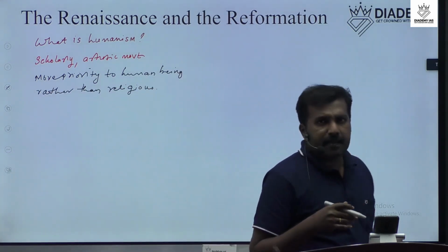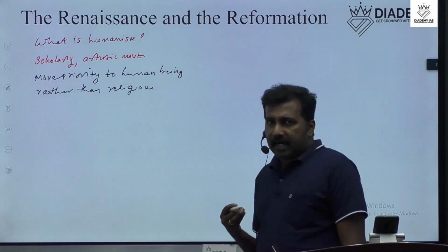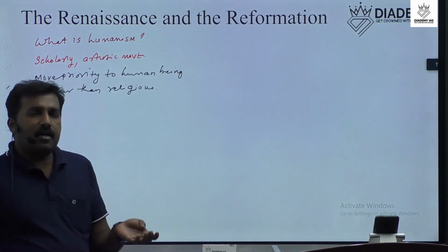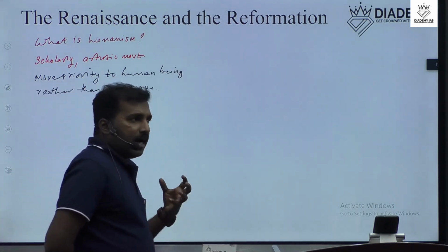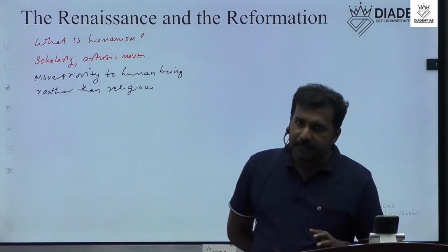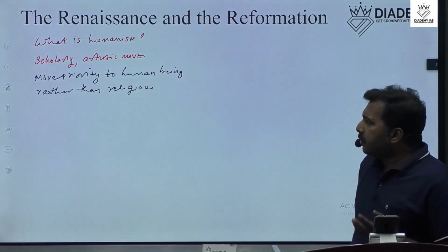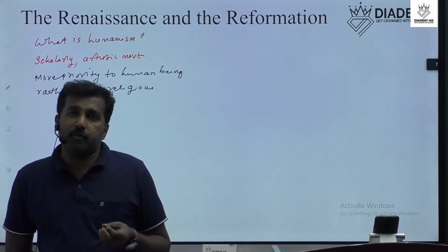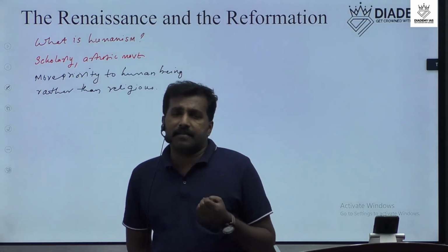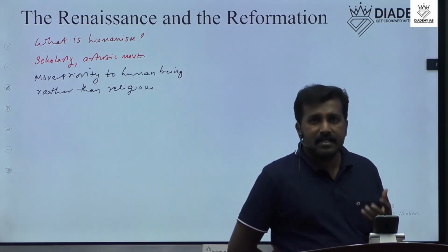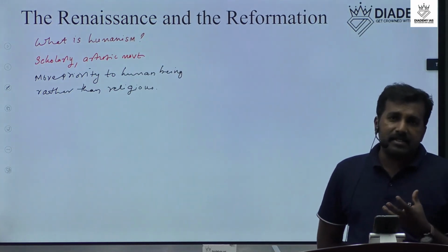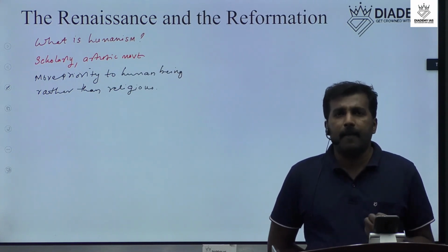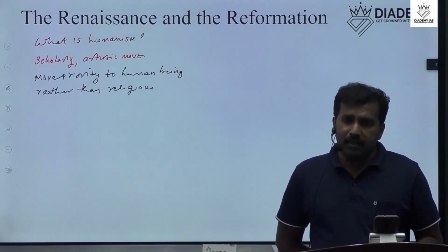Humanism is a movement that started in Italy, and gradually it spread all over England. And what is the meaning of humanism? It is actually an artistic and scholarly movement. It means that some scholars and writers used their literature to make the society aware, the common people, through the common language.